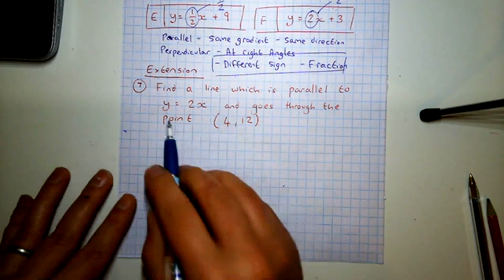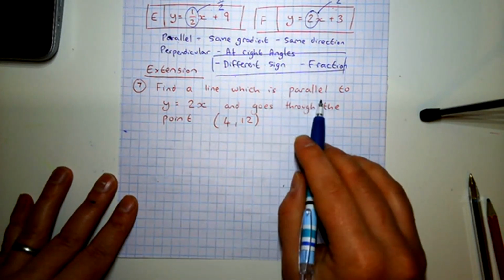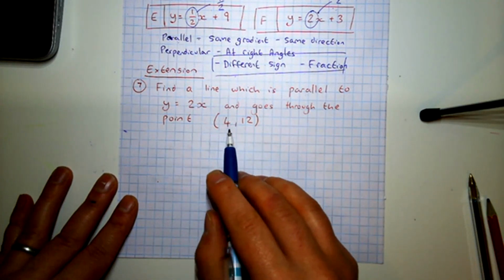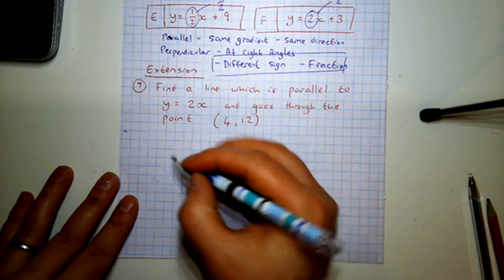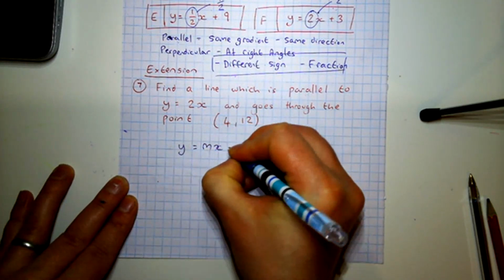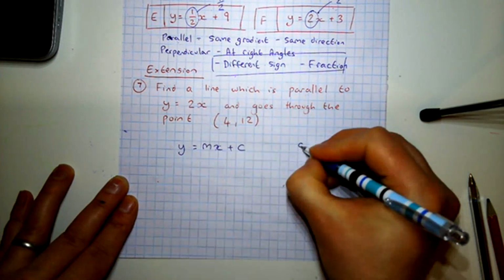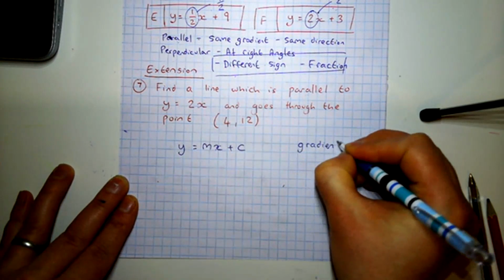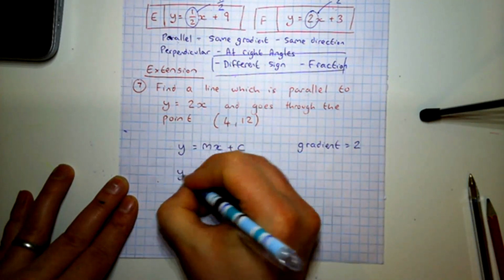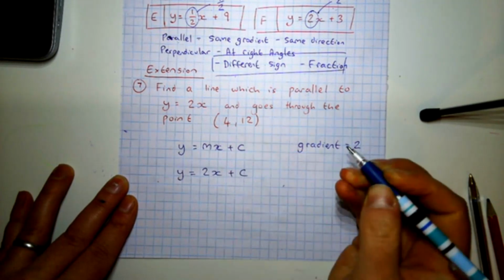So we've got parallel. That tells us that it's got the same gradient. So that means my line is going to be something like y equals mx plus c. But the gradient is going to be 2. So it's going to be y equals 2x plus c, some number. We don't know that.